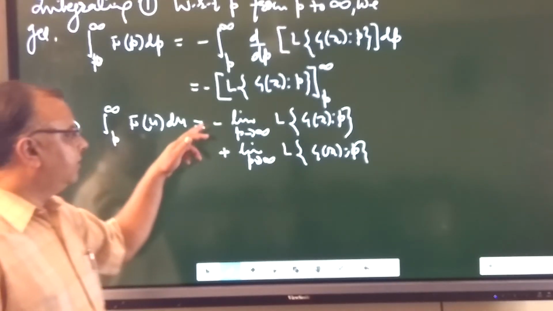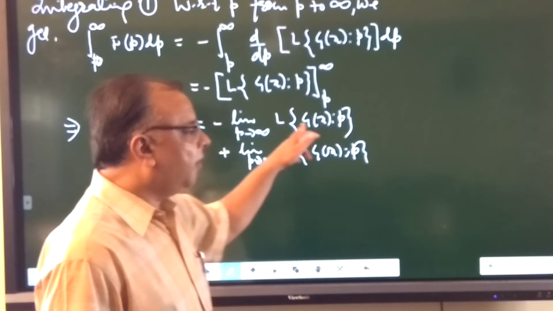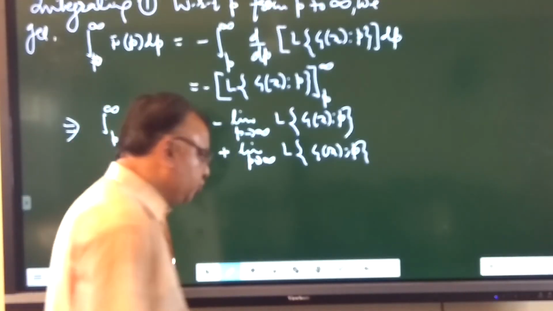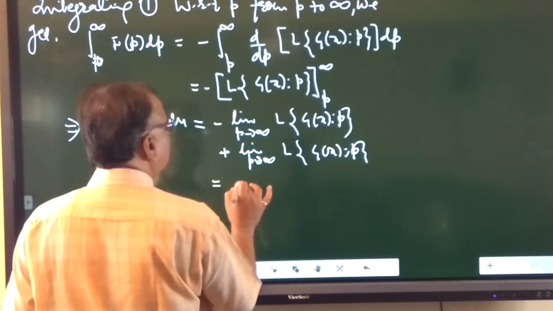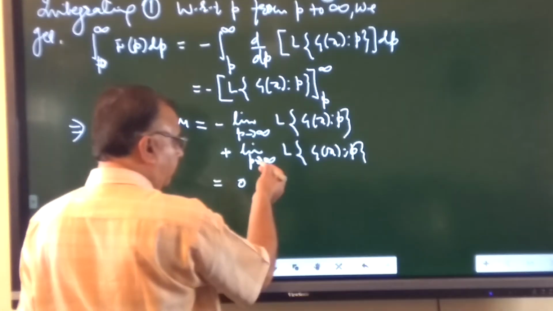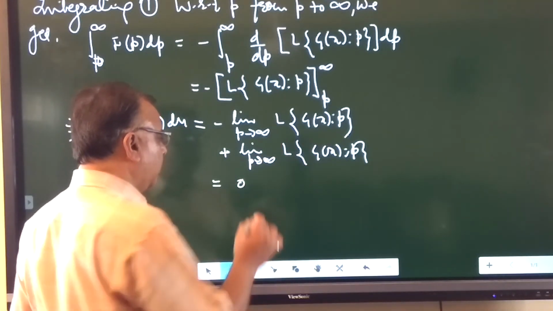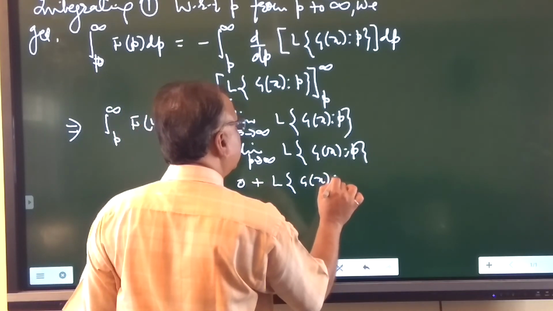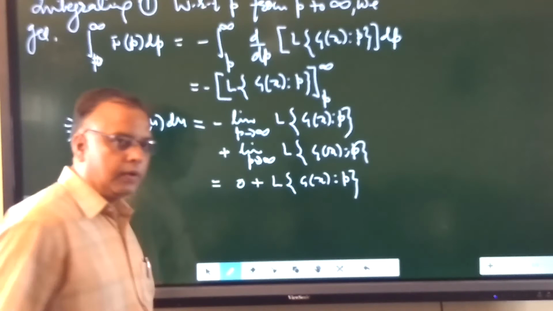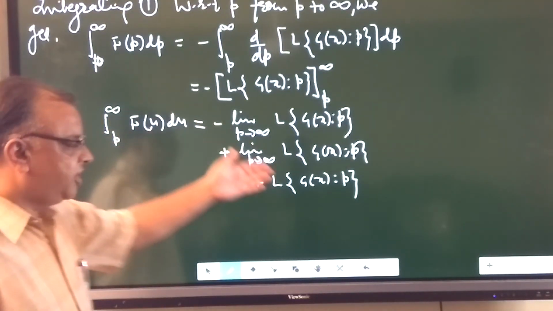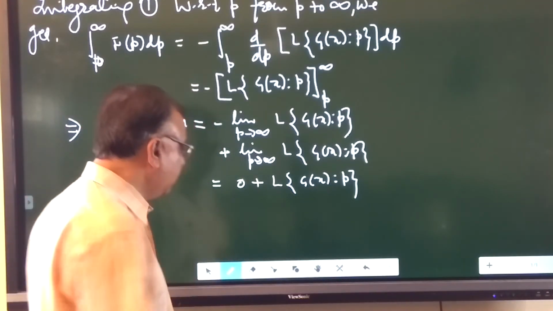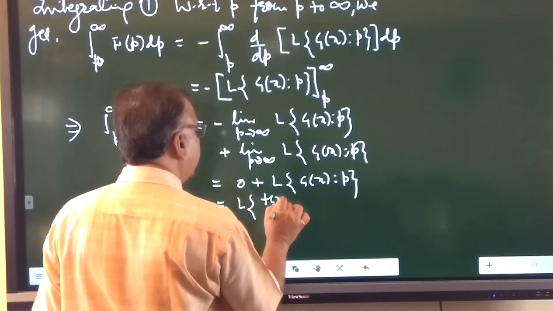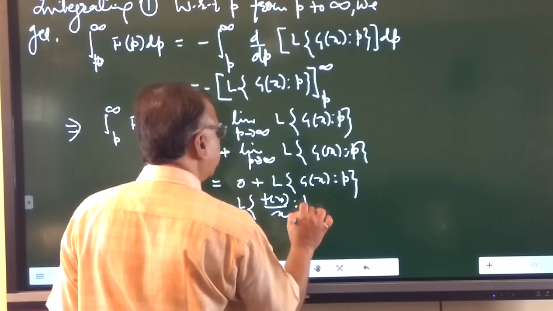As we know that the Laplace transformation of g(x) with respect to p, when the limit p tends to infinity, comes to be 0. And by putting p tends to infinity in this one, we get the Laplace transformation of g(x) with p. As we have taken g(x) as f(x) upon x, so this is nothing but the Laplace transformation of f(x) upon x with respect to p.